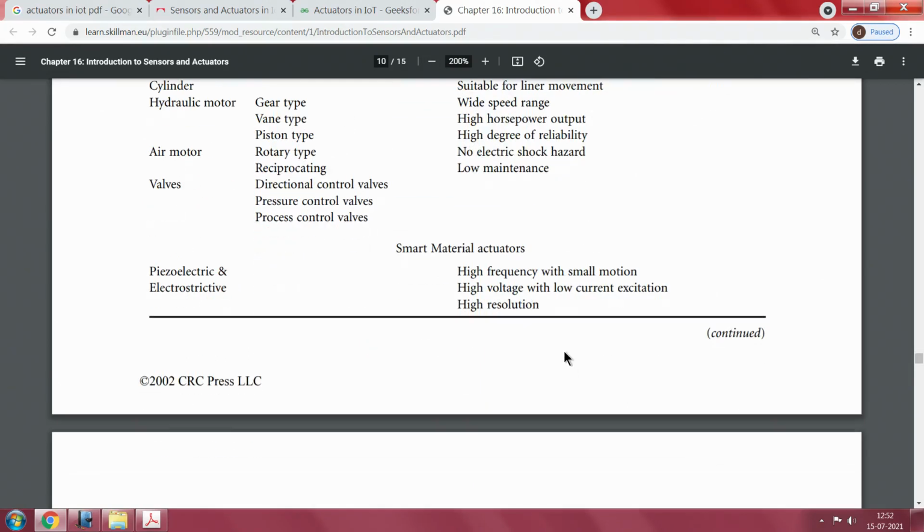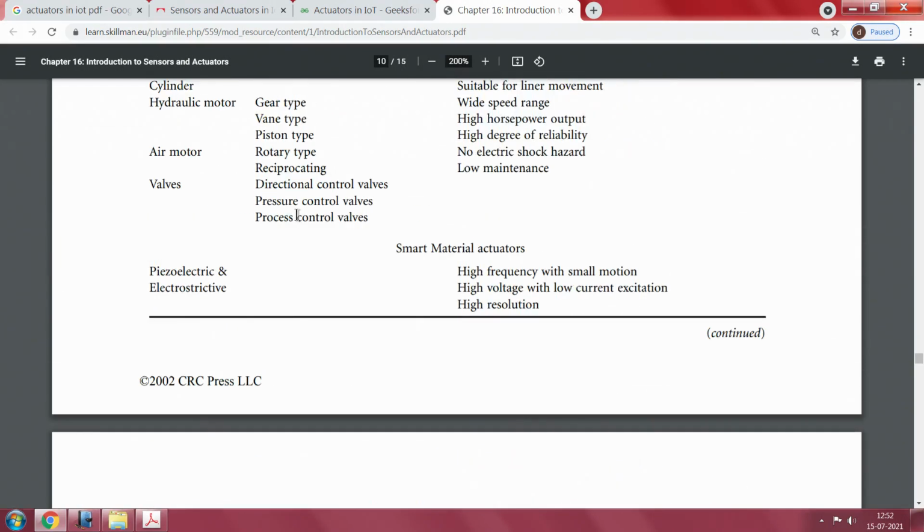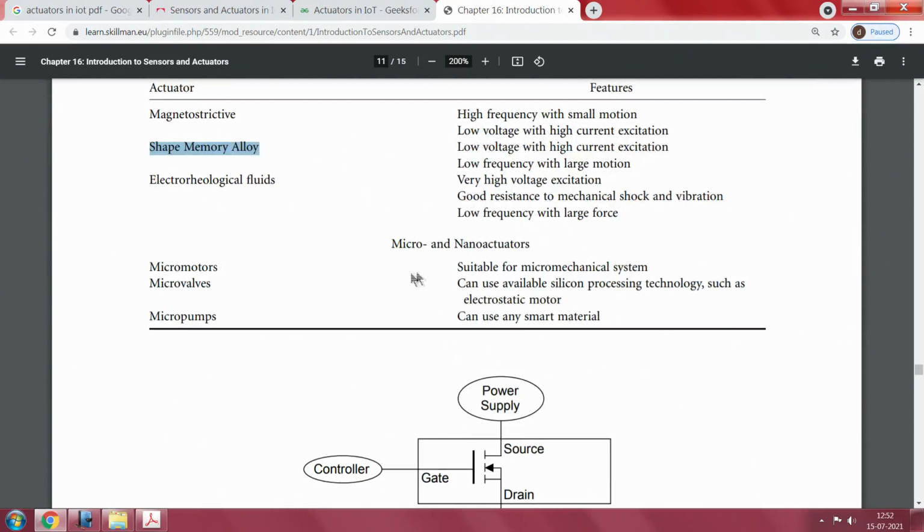You can also have smart material actuators, a really strong upcoming area: piezoelectric and electrostrictive actuators. These are for high frequency with small motion, high voltage, low excitation and high resolution. Shape memory alloy is also very popular under this broad category of smart material based actuators. Micro motors, micro valves and micro pumps all come under micro and nano actuators.